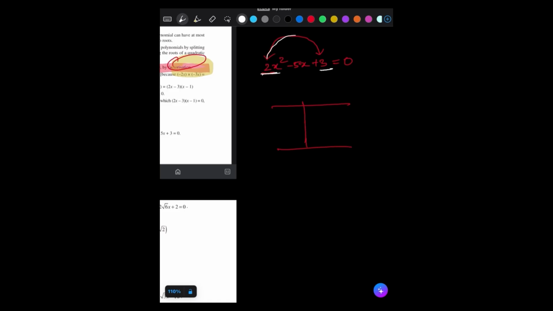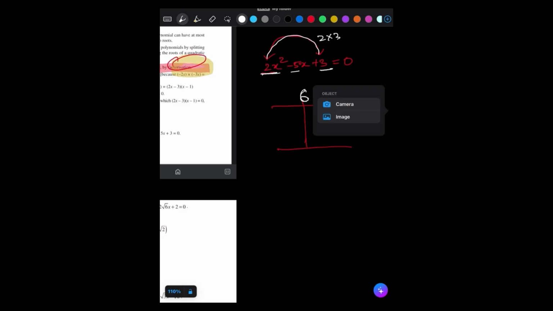So multiply these two. What will come? 2 into 3 is what? 6. That 6 you have to write at the top. What is here in between? Minus 5, right? Leave the variable. We don't need to worry about the variable. Just the coefficient. So minus 5. We are done here as well.